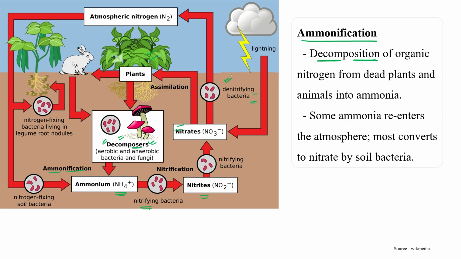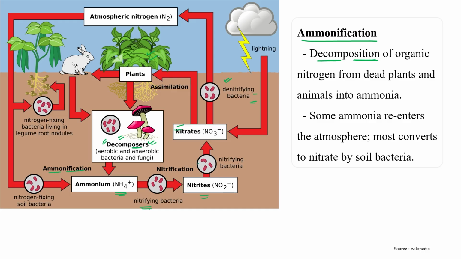So this is the nitrogen cycle, how nitrogen moves from the atmosphere to the soil into the plant body, and then further is used up by various aerobic, anaerobic bacteria or fungal strains, and then conversion of this ammonium into nitrite and nitrate, and further with the help of denitrifying bacteria it is used up, and then again released as atmospheric nitrogen into the atmosphere, right.